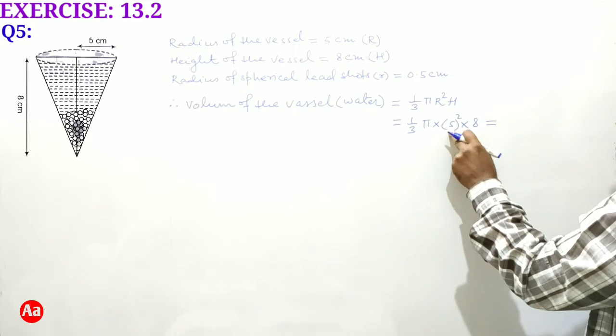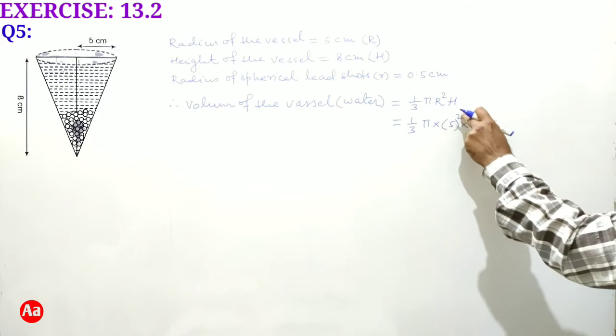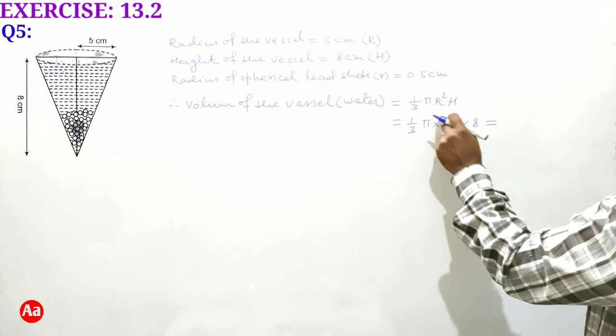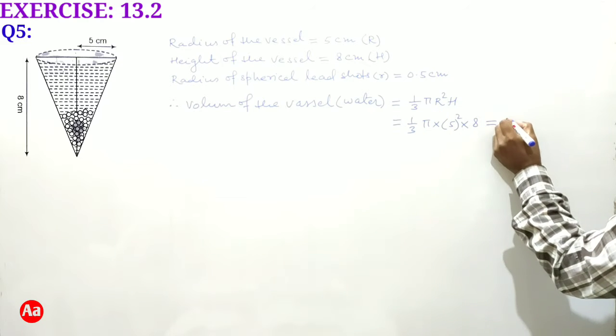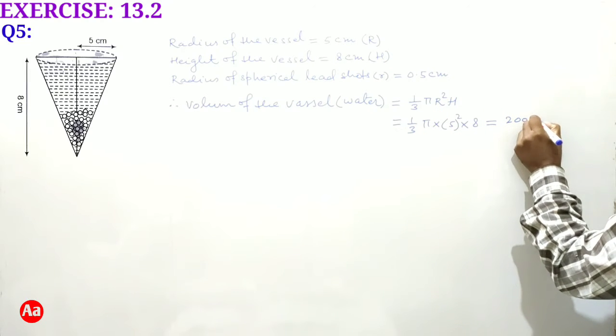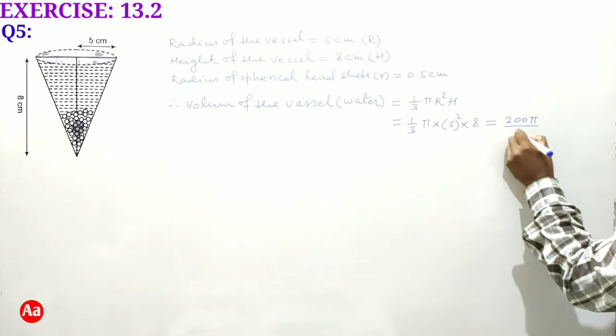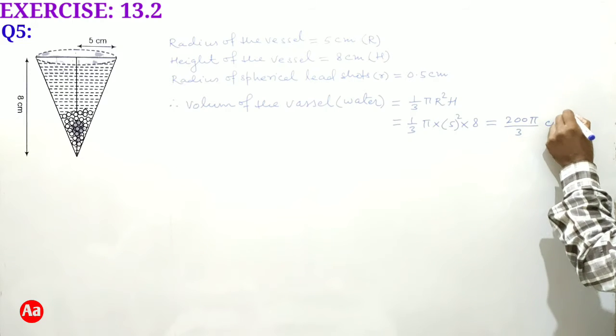This is 5 square, 25 into 8, 200 pi by 3 centimeter cube.